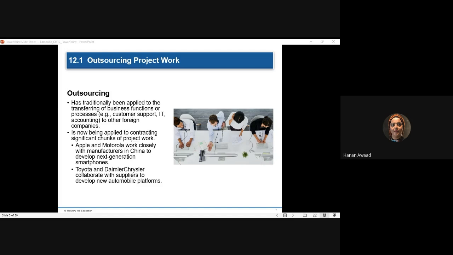And you try to get the best service, of course, but not the cheapest prices. I don't like to use the word cheapest prices, but you get value for money. So many companies now outsource their work.